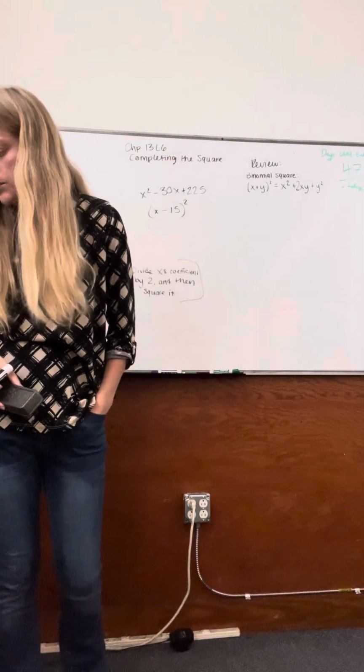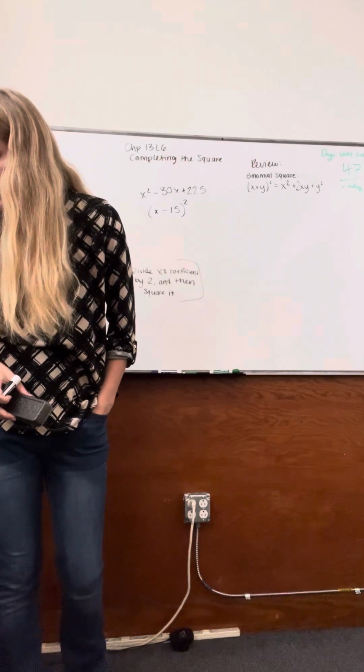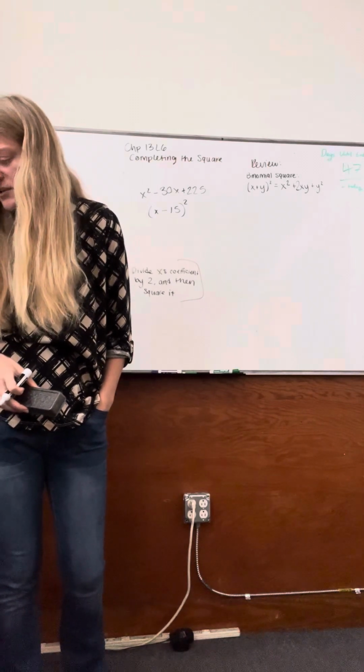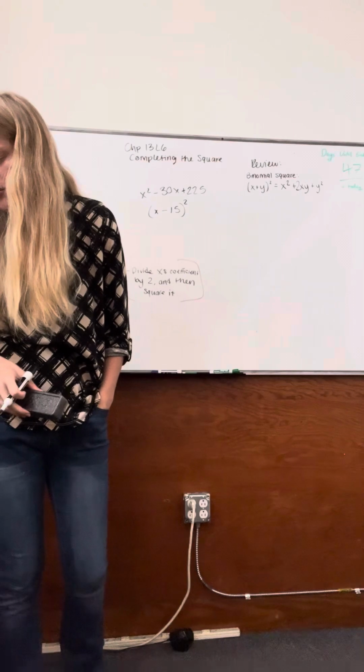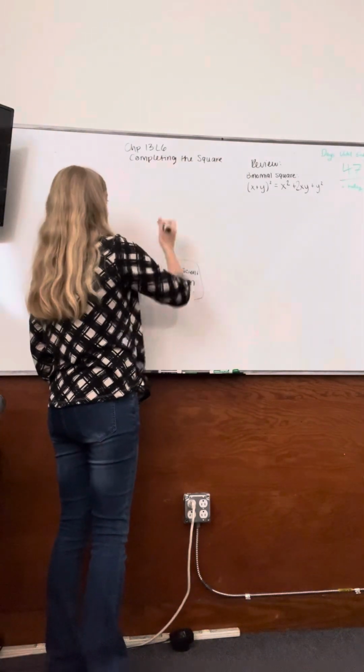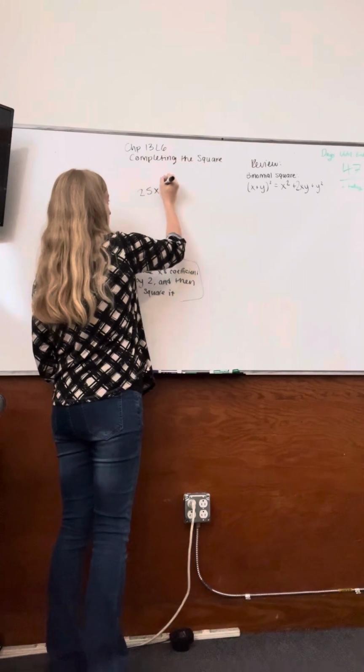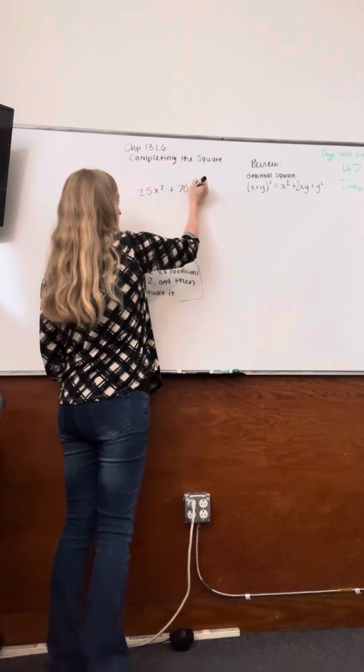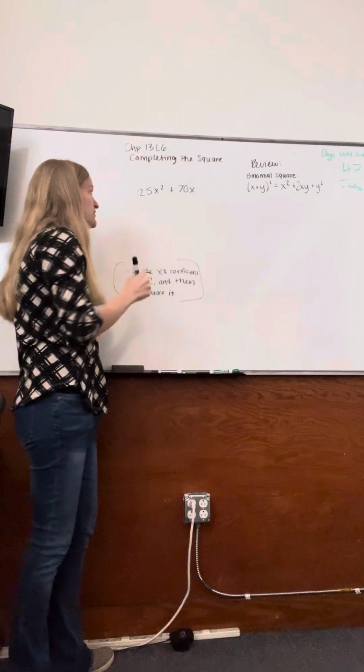Okay, this one's a little bit weirder. 25x squared plus 70x. Okay, what will the third term be?